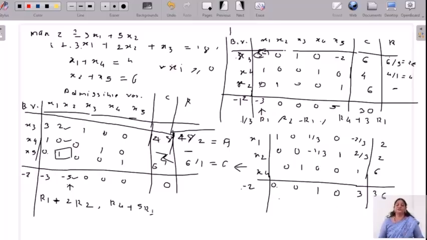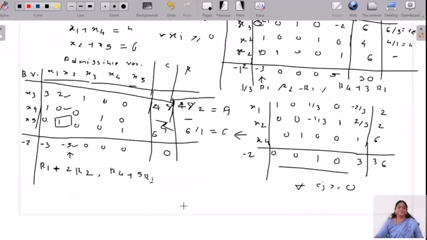You can observe that all Cj are greater than or equal to 0, therefore your solution is optimal. And the solution is x1 is equal to 2.